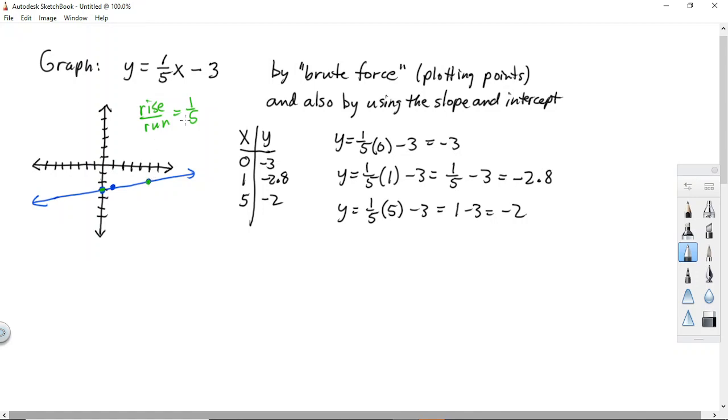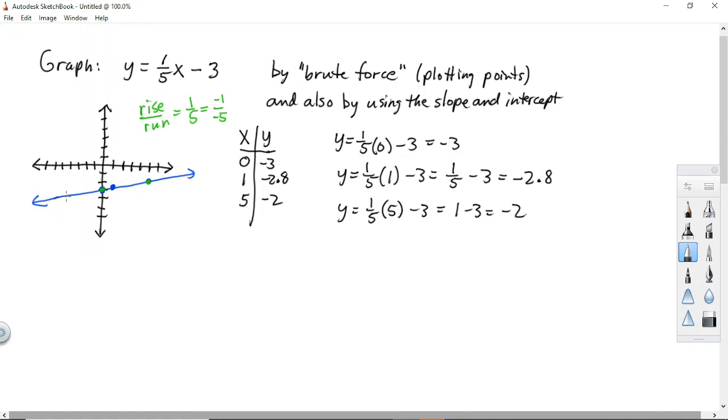Let's go ahead and get another point using this rise over run. We could also write rise over run as -1 over -5, right? That would still come out to a slope of 1/5. -1 over -5 is also 1/5. And if we do that, starting at our intercept, we go down 1, and then to the left 5. 1, 2, 3, 4, 5.